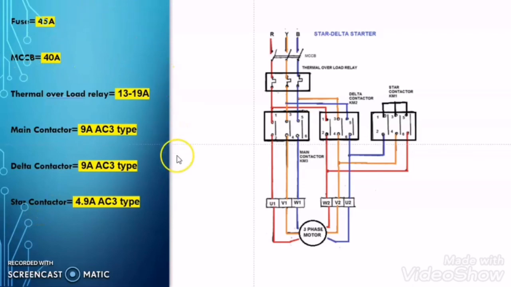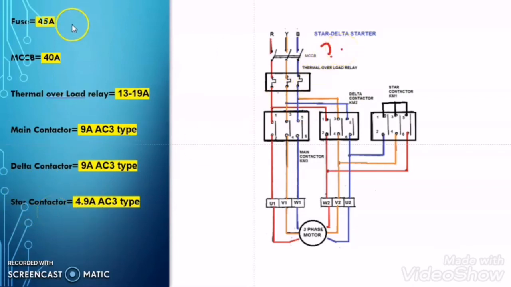Now let us summarize all that we discussed and calculated. At the start of the video I told you that we need to calculate the rating of the MCCB, fuse, thermal overload relay, main contactor, delta contactor and star contactor.